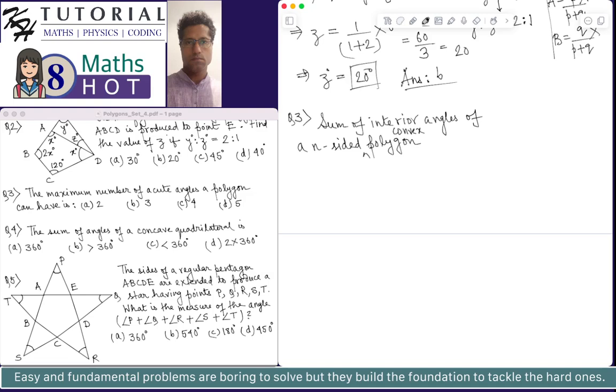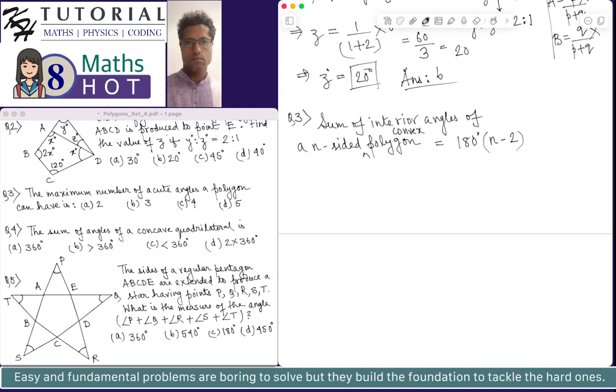In the problem, when it only says polygon, please always take it as a convex polygon. So, the sum of interior angles of an n-sided convex polygon, we know the formula is 180 degree multiplied by n minus 2. Okay.